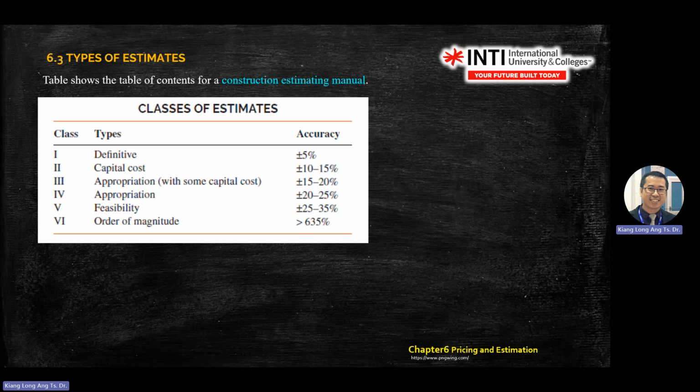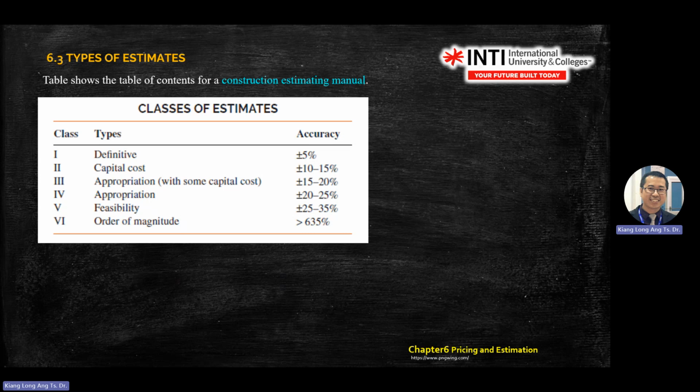But if you want to get something very quick, then you go for order of magnitude, but accuracy is very, very low. You just get a very broad idea of the trend. Okay. So for an example of definitive 5%, if you are playing shares, there are some tools for you to estimate the next minute or next 30-second transaction.